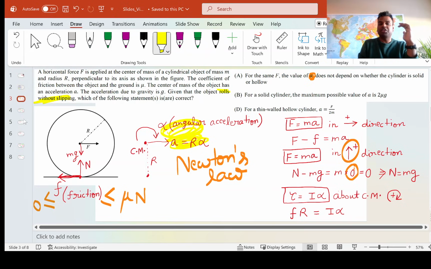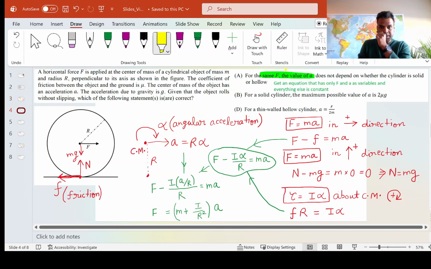Next, first part, it says for the same value of force, the value of A at the center does not depend on whether the cylinder is solid or hollow.